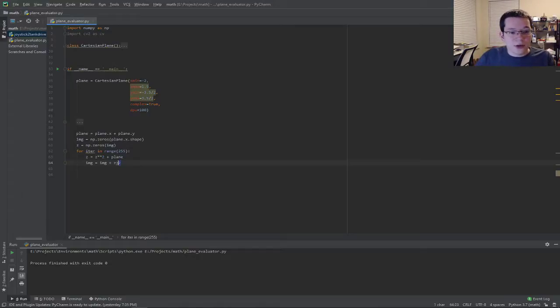And so Z greater than 2 is going to give me an array of the same shape as my plane, but it's going to return true wherever that expression is true, and false anywhere it's false. A true, when I try and add it to something, will evaluate as a 1, and a false will evaluate as a 0.